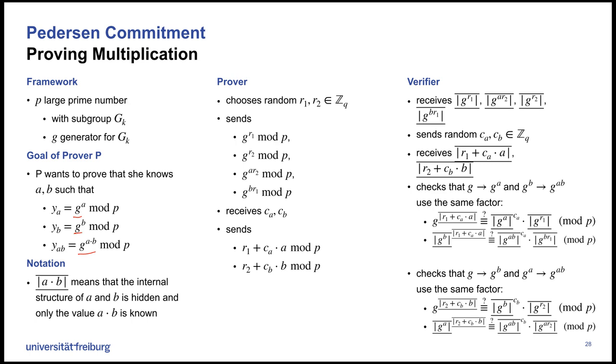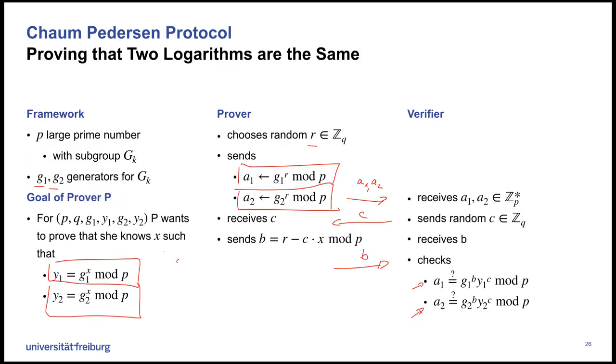So what I really don't like in these protocols is this sphere. I don't like it because you don't see anything. So we see on the left side A2, but A2 is G2 to the power of R. And then I test whether this is equal to G2 to the power of B minus Cx.